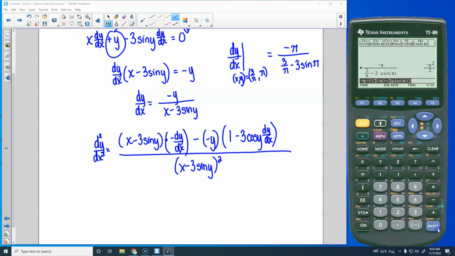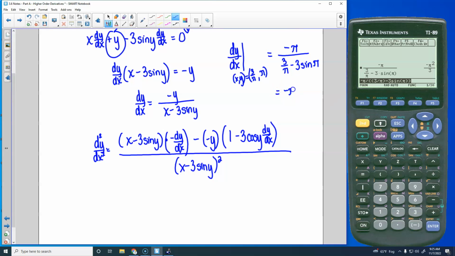So you've got a couple options here. If it is multiple choice, look at your answer choices. If your answer choices have pi, you need to stick with pi's. If your answer choices are decimals, stick with decimals. If it's free response, do whatever you feel like. It doesn't matter, okay?